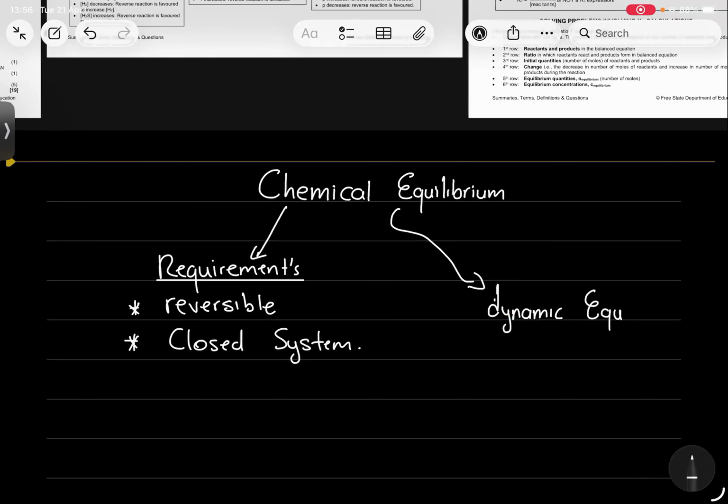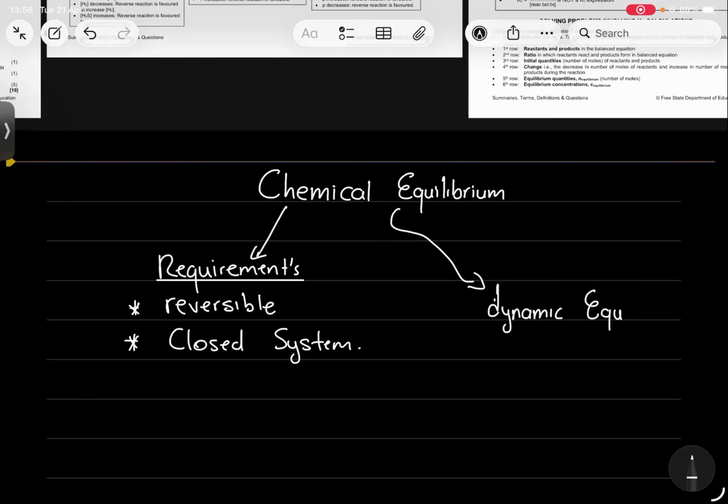Right? Dynamic equilibrium. What is a dynamic equilibrium? You have to know how to define the dynamic equilibrium. So what is a dynamic equilibrium?